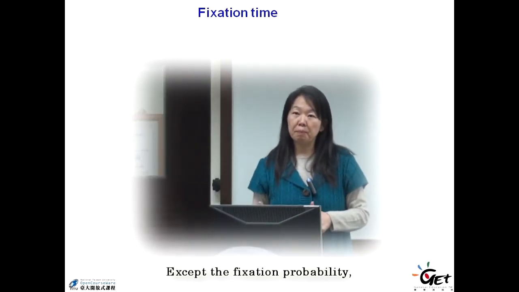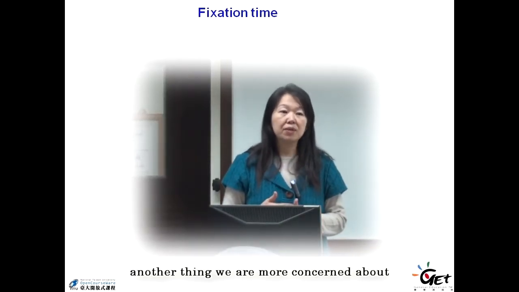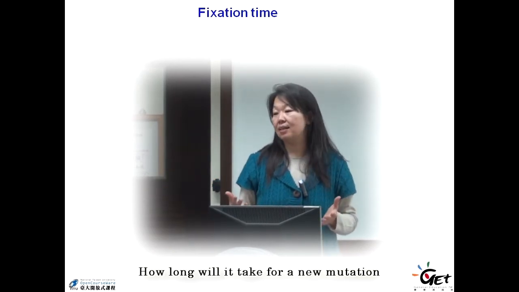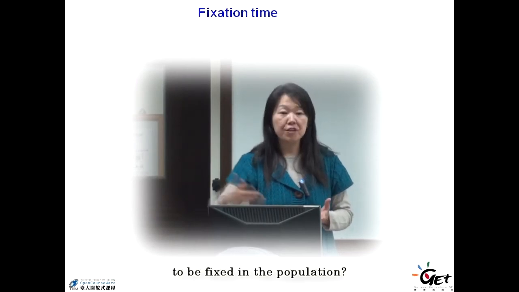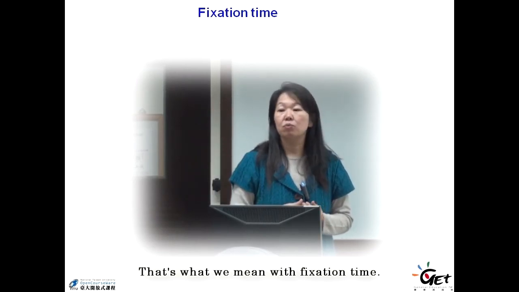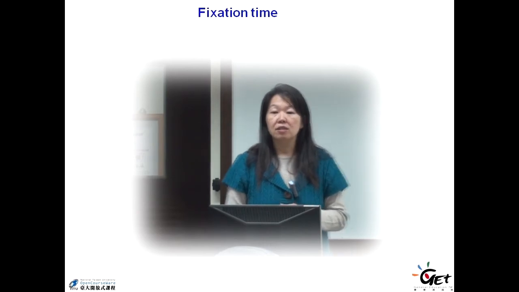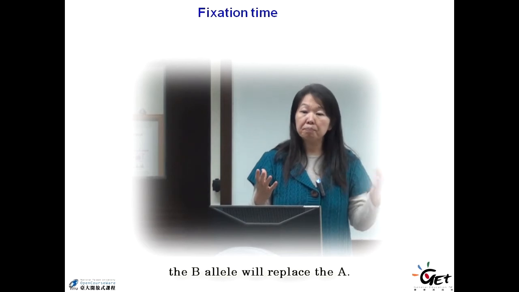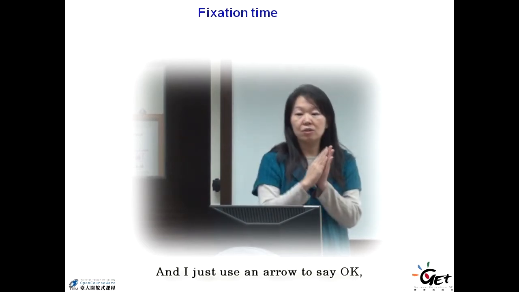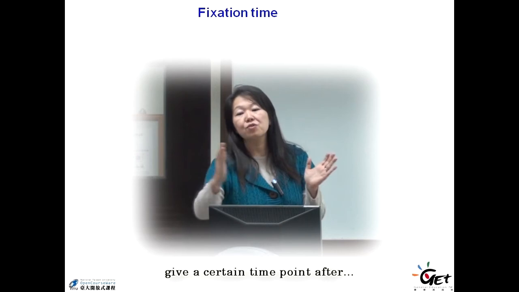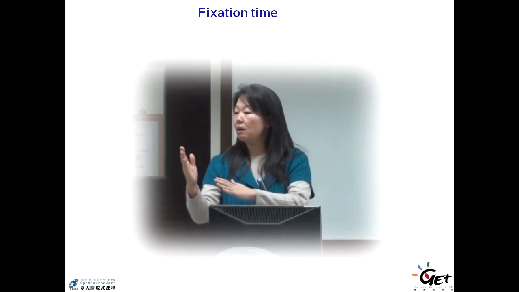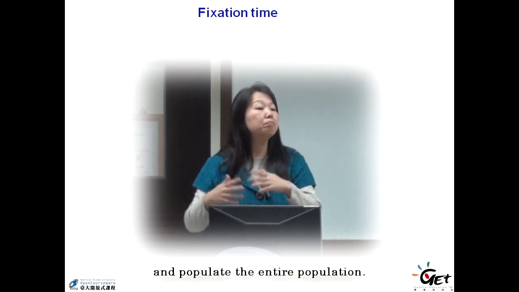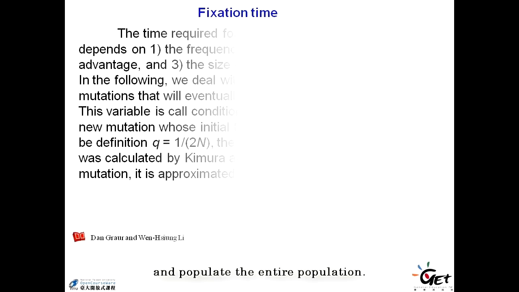Except for the fixation probability, another thing we are more concerned about is the fixation time. It's like, how long will it take for a new mutation to be fixed in the population? And that's what we mean by fixation time. As I showed you a couple of slides before, the B allele replaced the A, and I just used an arrow to say, given a certain time point after a long period of time, the B allele replaces the A, and it populates the entire population.